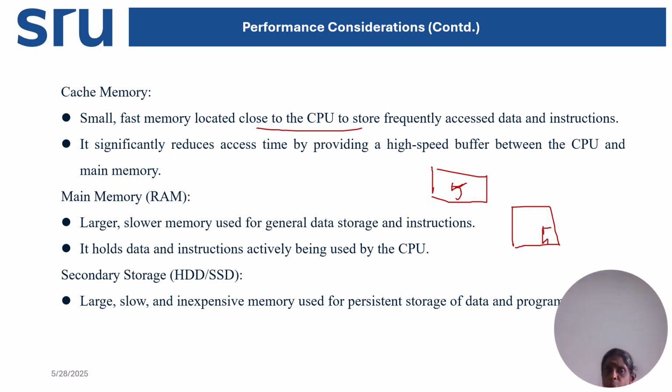What is the feature of the main memory? It is a larger module, slower, and used for general data storage and instructions. Main memory is used for storing data as well as instructions. Instructions mean program code, and it holds data and instructions actively being used by the CPU.